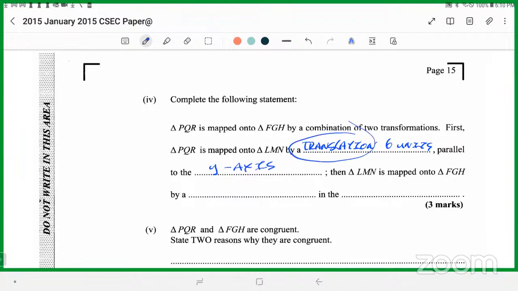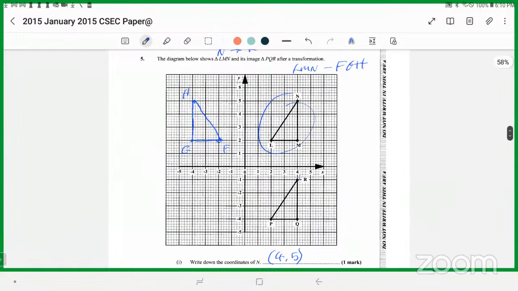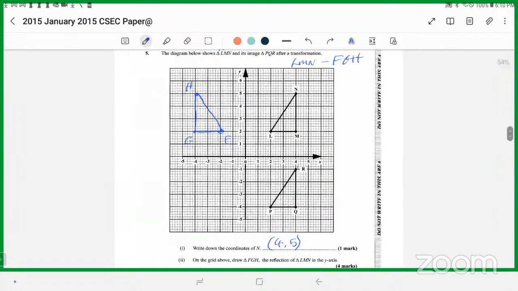You can put positive 6 units, which means that it goes upwards. Then LMN is mapped onto FGH. That's this one now, onto this one, is the reflection in the y-axis.